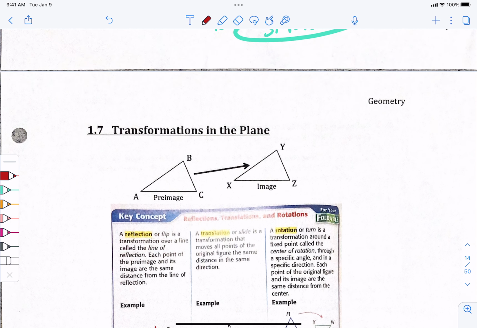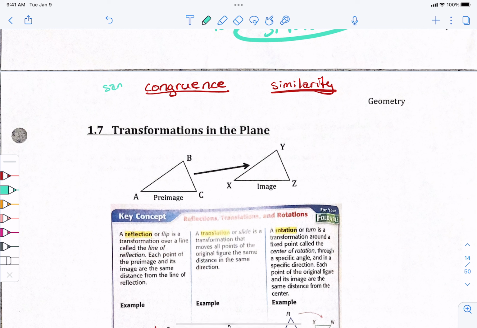Transformations. You can either have what's called a congruence transformation, or you can have a similarity transformation. Okay, congruence or similarity. Two things that are congruent are the same shape and same size.